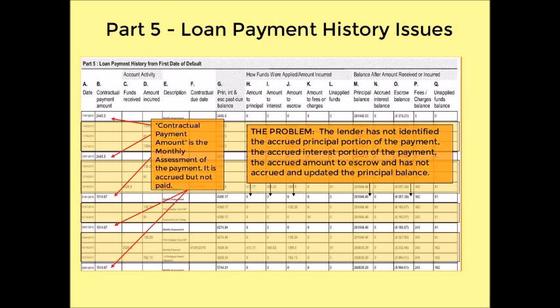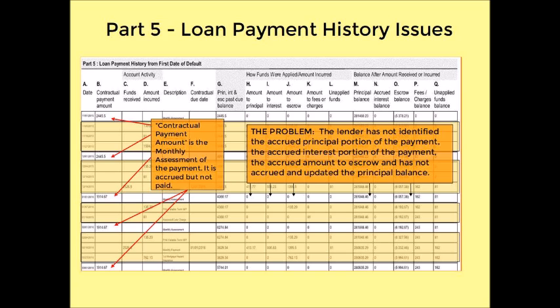And so in the second box there where we talk about the problem, it says in this particular example, here we're pointing the arrows to an actual payment that was incurred, and you see that there's nothing in column H except 0 for the principal portion. You see that there's nothing in the accrued interest portion under I. It's just got 0.